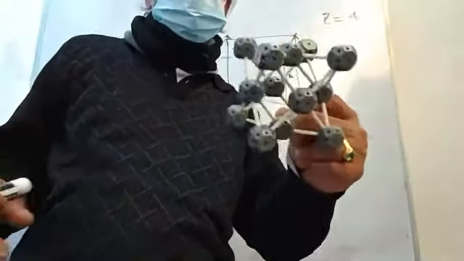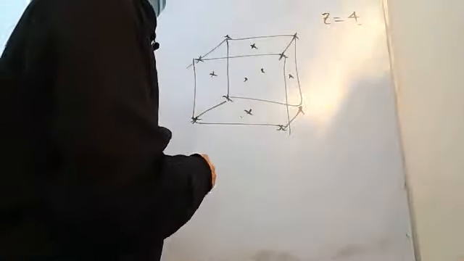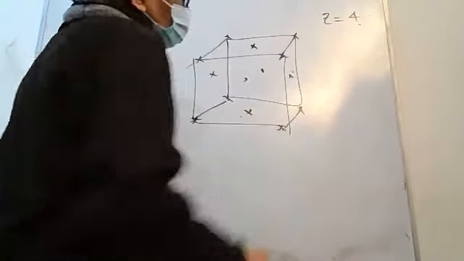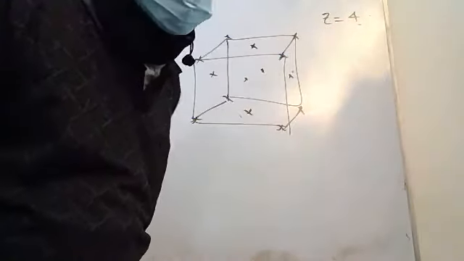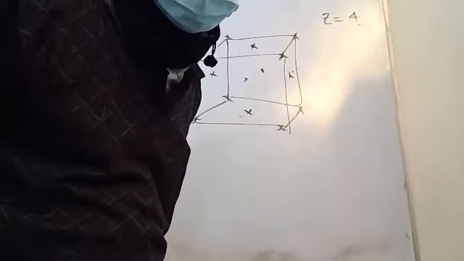Now, in this face-centered cube, if you pay very close attention, if you use any 3 of the face centers and 1 corner, that looks like a tetrahedron.